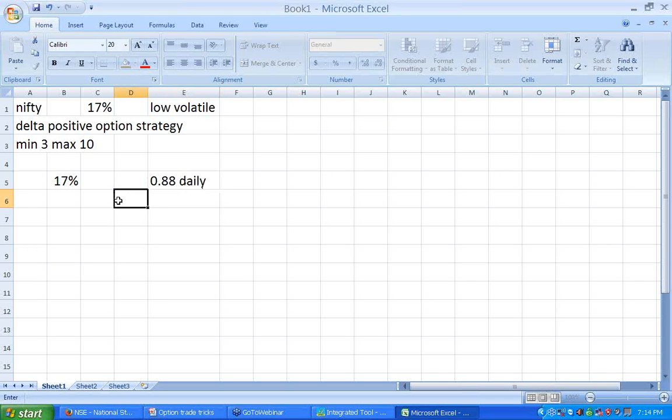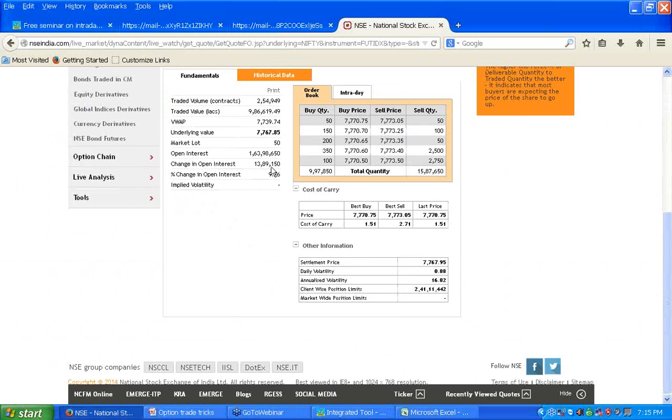Suppose I wish to hold it for 5 days, a strategy I can hold maximum for 5 days. So I will take the square root of 5 multiplied with this 0.88.